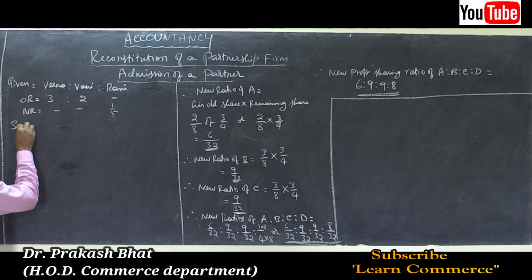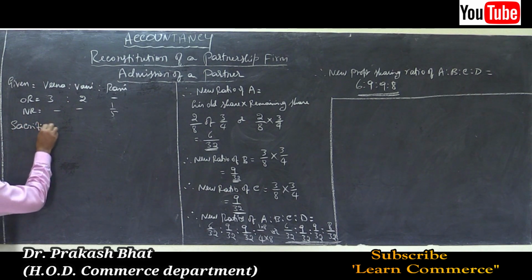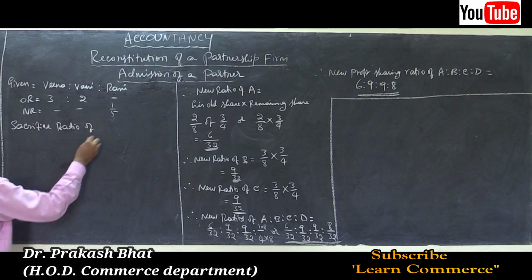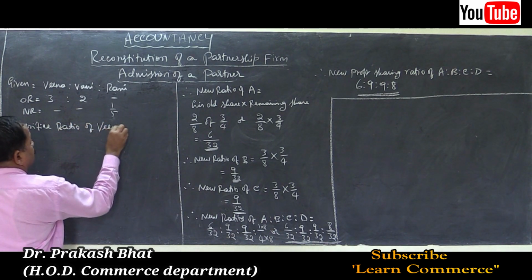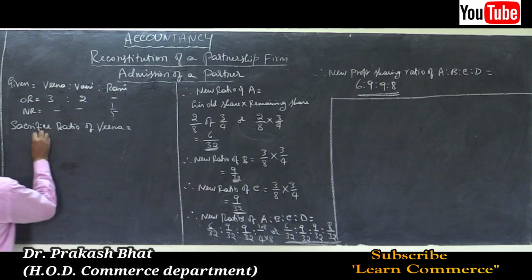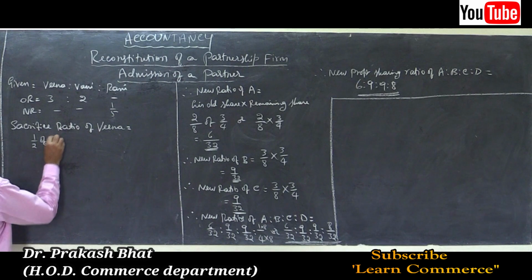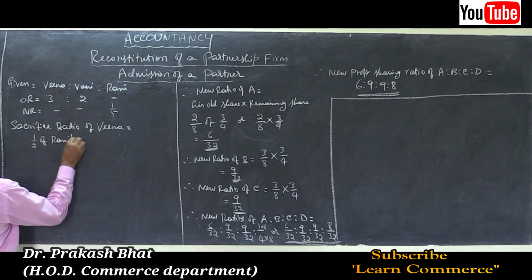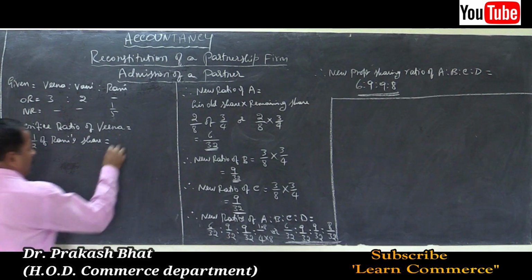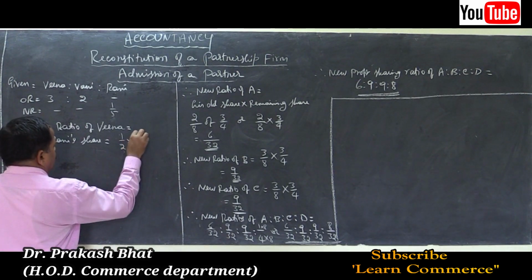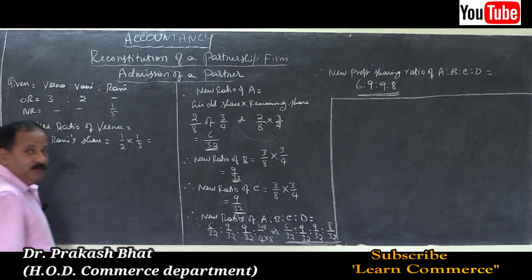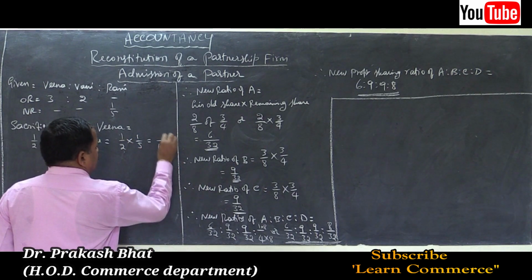Sacrifice ratio of Veena is equal to half of Rani's share. Rani's share is 1/5, so 1/2 into 1/5 is equal to 1/10.